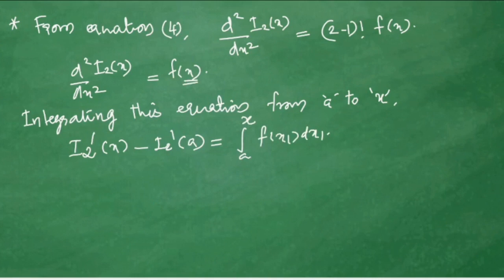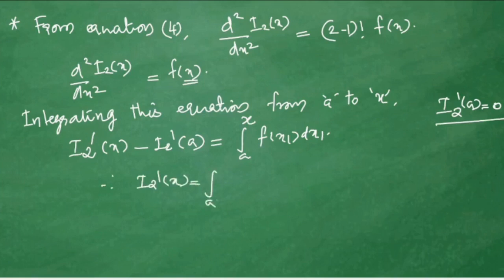Now we know that In and all its n minus 1 derivatives will vanish at a. So I2 dash of a is equal to 0. Therefore I2 dash of x is equal to integral a to x f of x1 dx1.